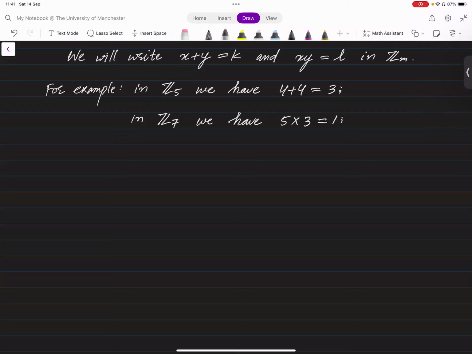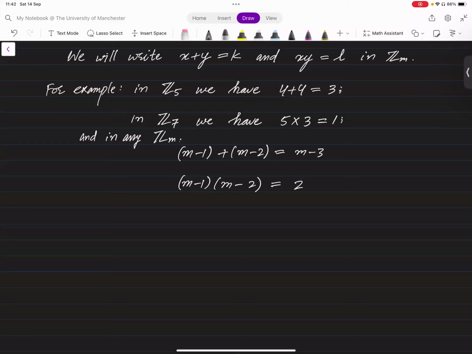And in any Zm, m minus 1 plus m minus 2 is m minus 3, and m minus 1 times m minus 2 is 2.